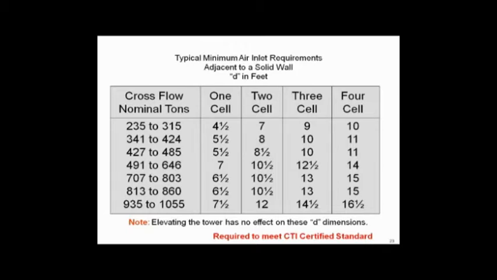This is a particular vendor, but it's not going to apply to everybody. So if I'm looking for the 500-ton tower, over 491 would be the nominal tonnage, and three cells, I'm looking at 12.5 feet is the minimum D distance that I have to be away from the building to maintain CTI certification on my towers. That's a simple statement that you can understand.